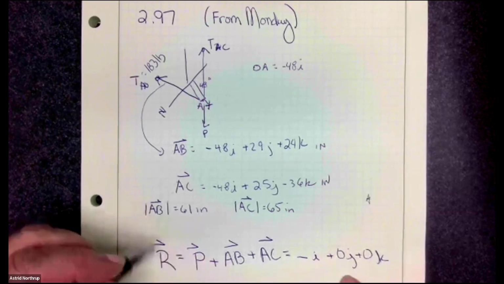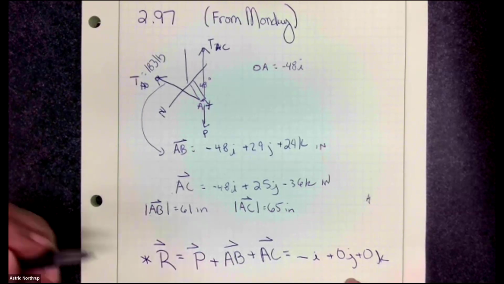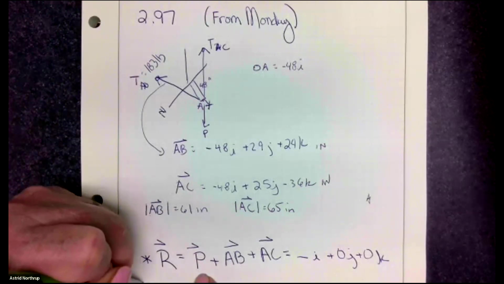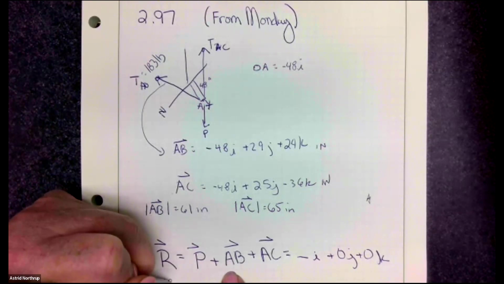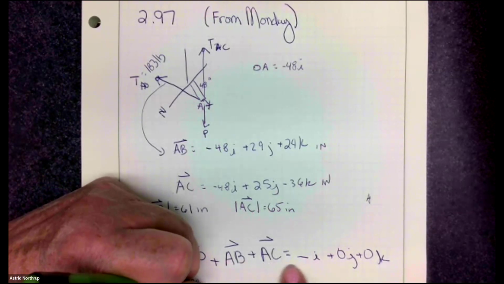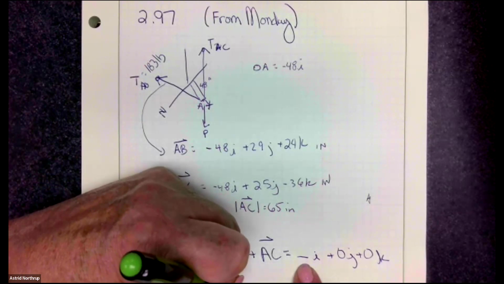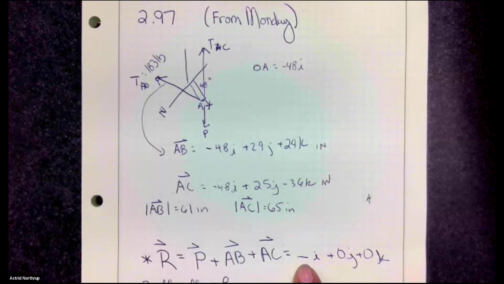Well, the first thing we're going to do is, when we look at this resultant equation, what that means is if we take the component of P in the x direction and the component of AB in the x direction and the component of AC in the x direction, that's going to equal the resultant in the x direction.